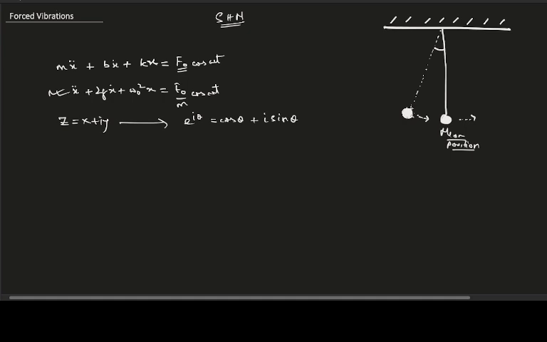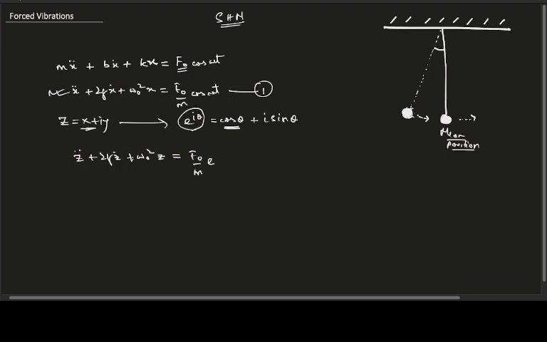So equation 1 can be written in terms of z: z double dot plus 2 gamma z dot plus omega naught squared z is equal to F naught by m, and instead of cosine omega t, we will use e to the power i omega t.